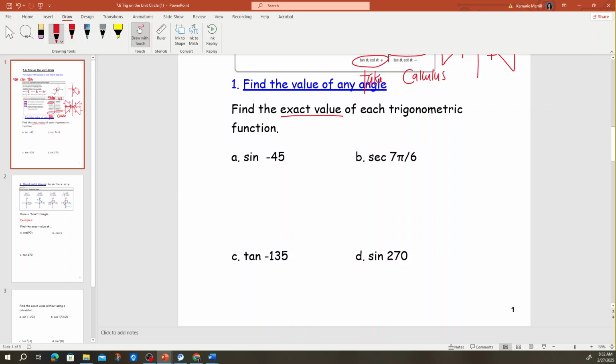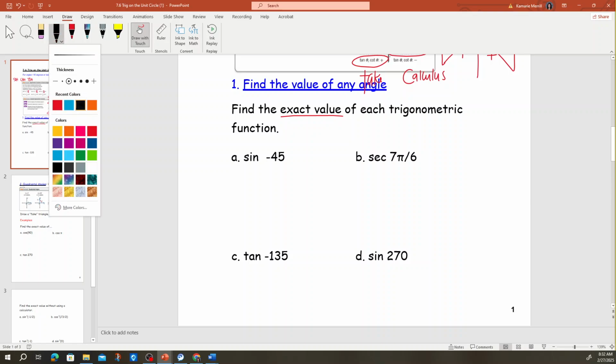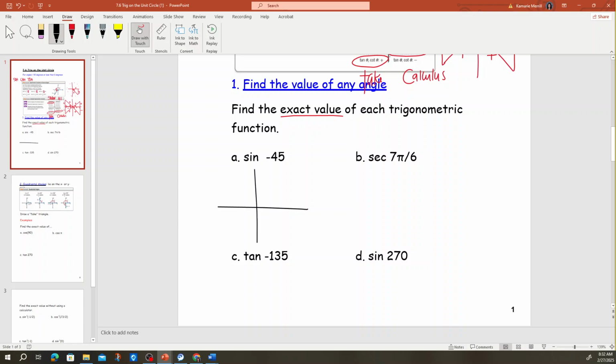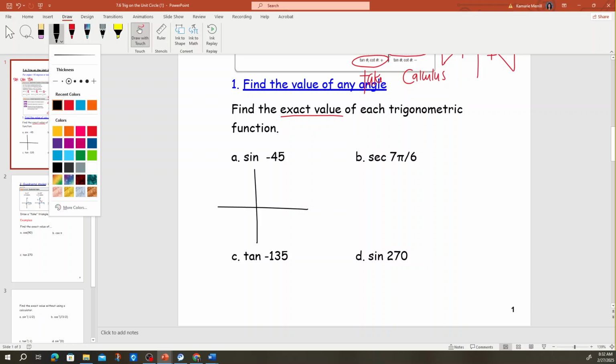Can you guys find the sine of negative 45? And all of these ones we're going to ask you to do will be specials. Okay, so let's go ahead and draw what the sine of negative 45 should be. By the way, what quadrant will negative 45 drop us in? Quadrant 4.